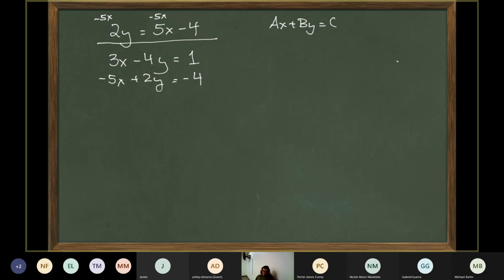Okay. If we look at both of them, we see that we do not have opposites. So now we need to multiply one or both equations to get opposites. If you look at this example, people online and here as well, which variable do you think is easy?